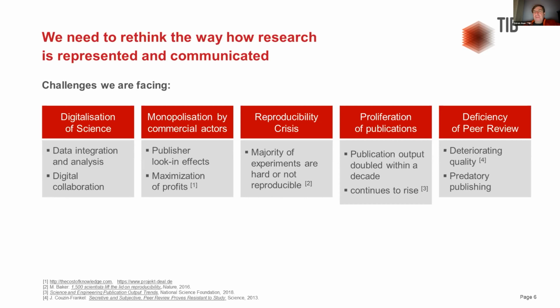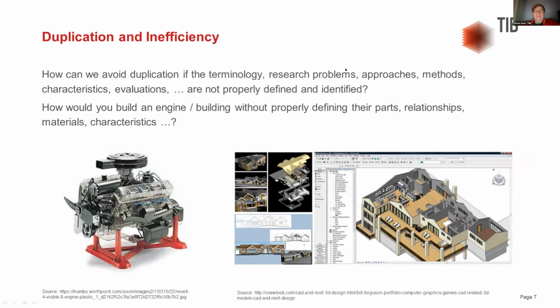We have predatory publishing. So I would say some of the foundations of science are actually endangered, and science is at risk. I think there is a lot of duplication and inefficiency. But how can we avoid this if the terminology, the research problems, the approaches, methods, characteristics, and evaluations are not properly defined and identified?